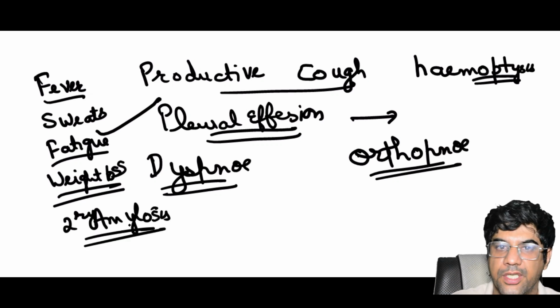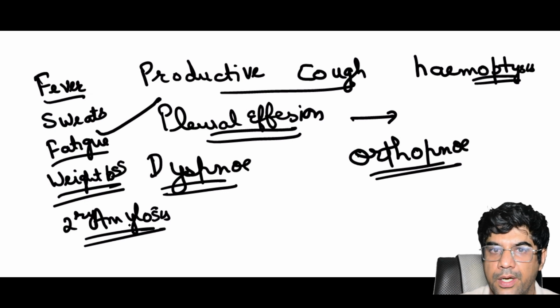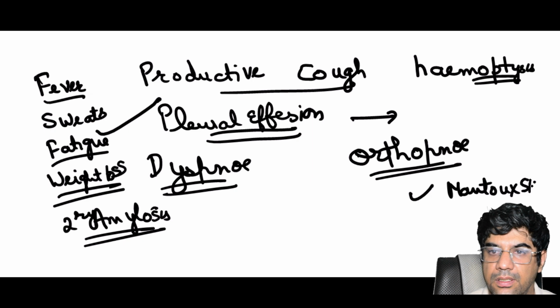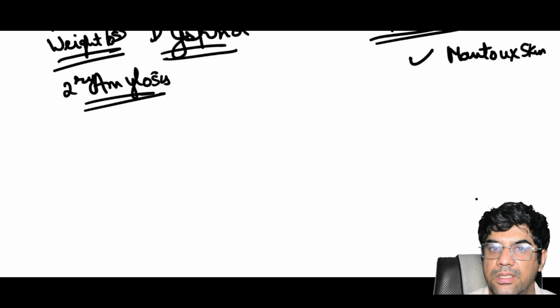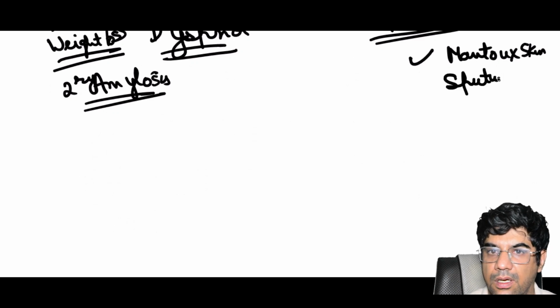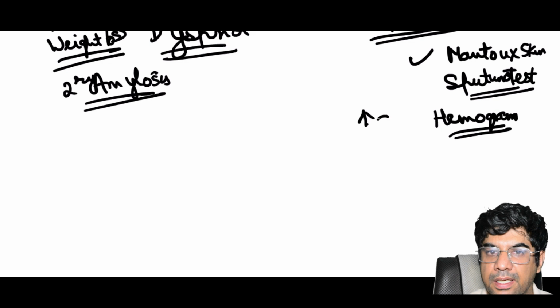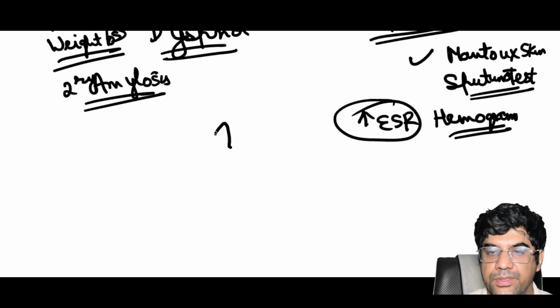Now, how can you diagnose tuberculosis? You can do the Mantoux skin test. You can do the sputum test for acid-fast bacilli. You can do a complete hemogram that will show lymphocytosis and raised ESR, suggesting an inflammatory response.